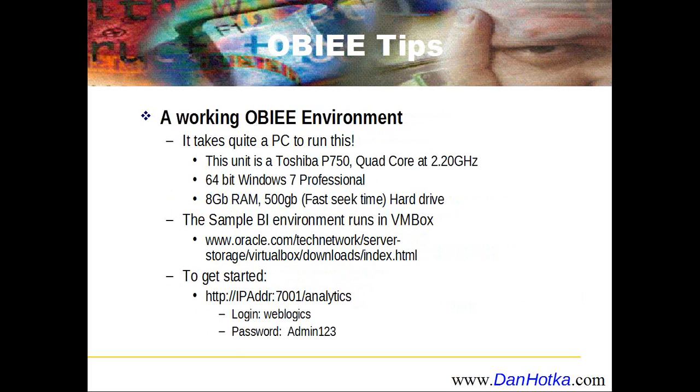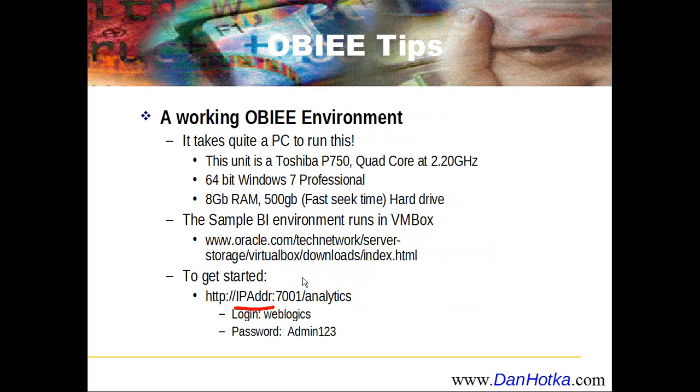It does come in VM box, okay, and you can download the VM box. And there's the login to get started. Once you get it installed, it's your machine's address. It's the localhost.